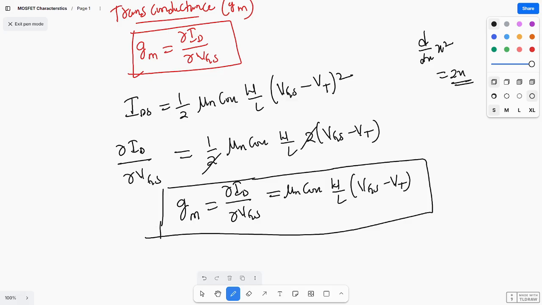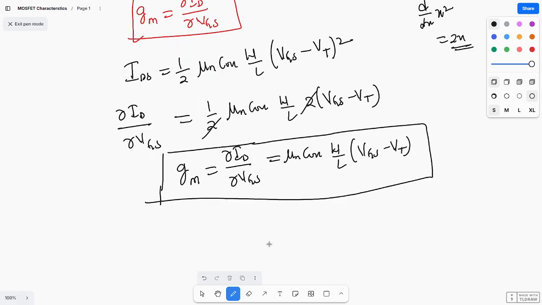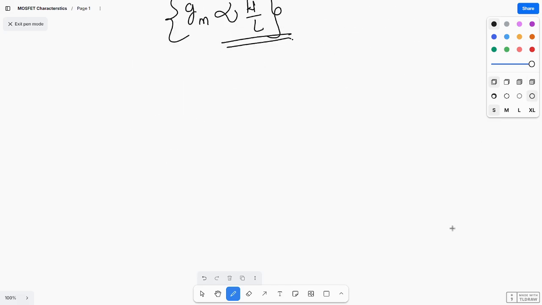From this you can say that the transconductance is directly proportional to the aspect ratio W by L, the width to length ratio. And next we will see the drain resistance.